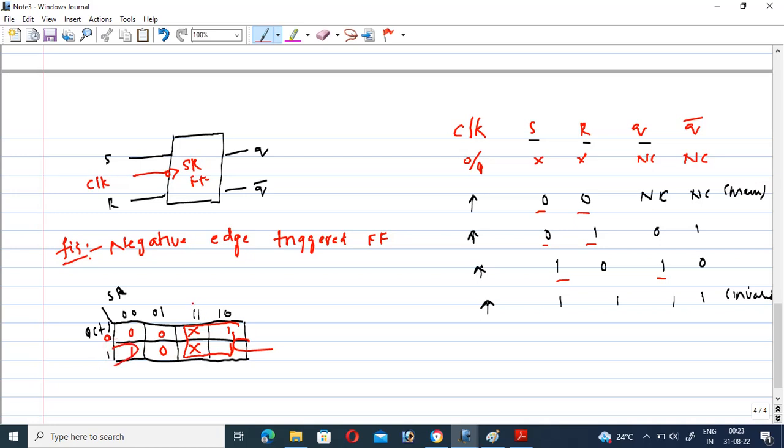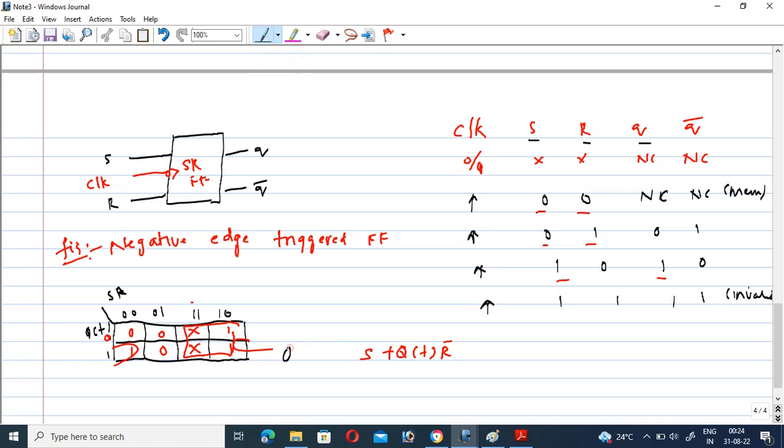So this Q is common, nothing but the first value. Therefore from this we can get the S value. Plus, in these two, one is common, and in these two, 0 is common. 0 is nothing but R bar. Therefore, one is nothing but Q of t into R bar. So this is nothing but the characteristic equation of the SR flip-flop.